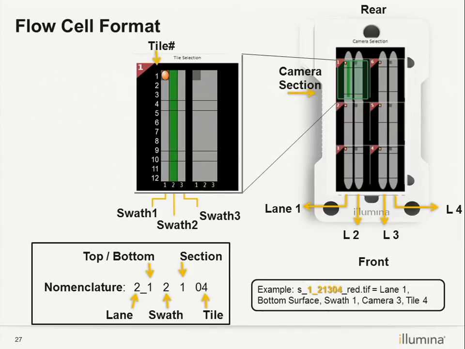So for example, if I have this number, S121304 red, what does it mean? That means this is the red channel image, and the first one is the lane, right? So it's lane 1, and it's the bottom surface because it's 2, and then 1 is swath 1, and then camera 3, so somewhere here, and tile 4, it should be somewhere here.